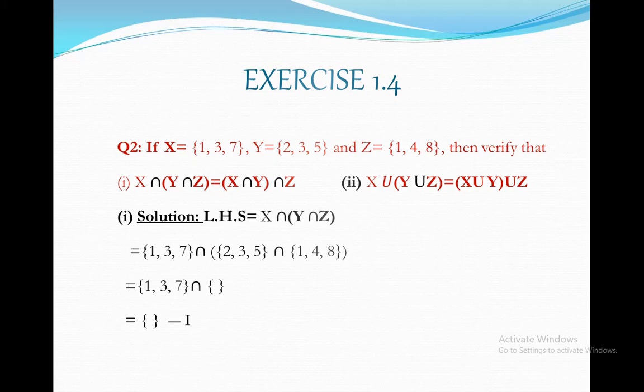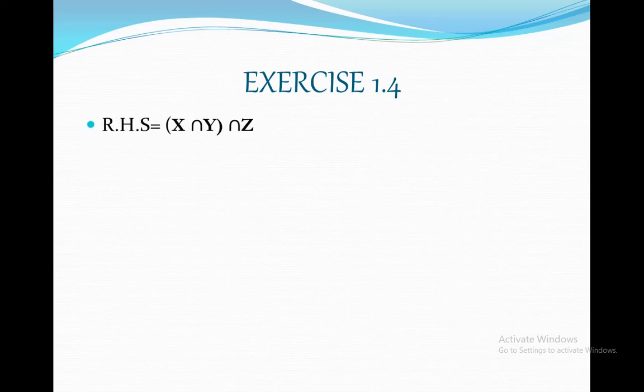Proceeding to the right hand side on the next page, we have (x intersection y) intersection z. Writing the values given in the question: ({1, 3, 7} intersection {2, 3, 5}) intersection {1, 4, 8}.